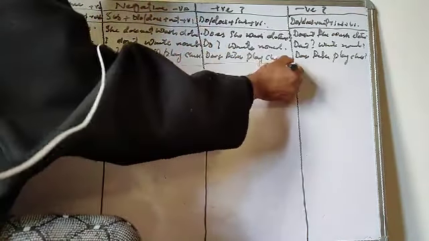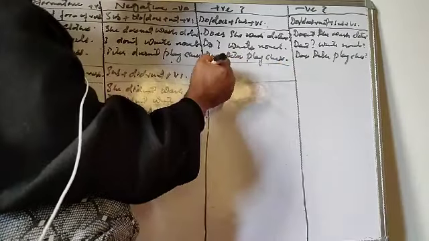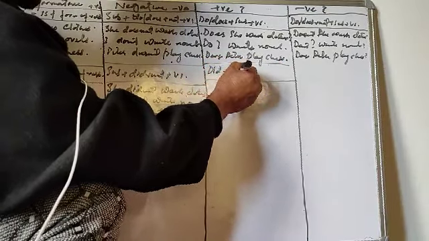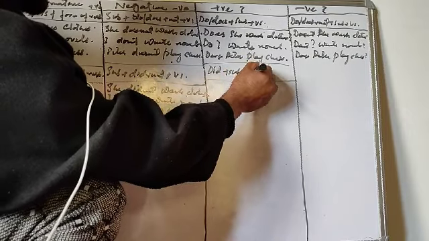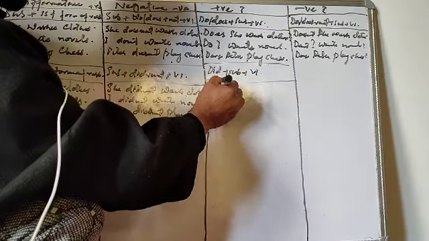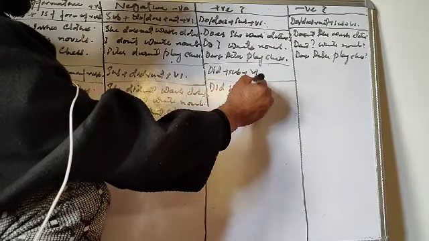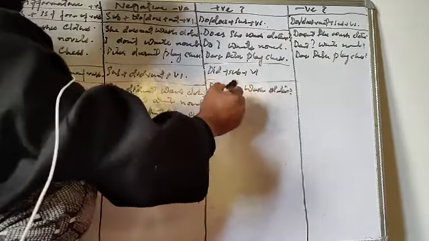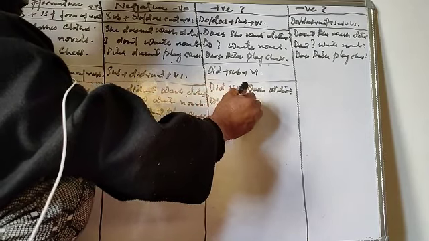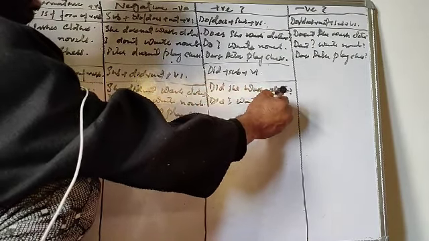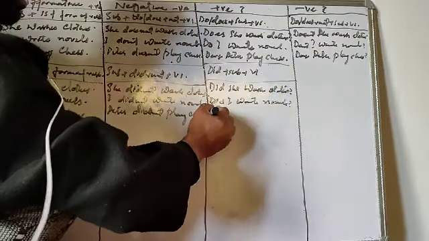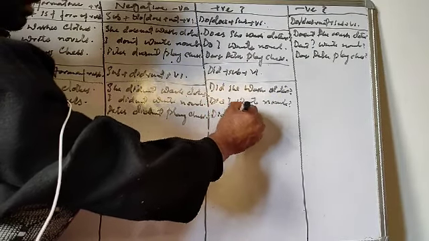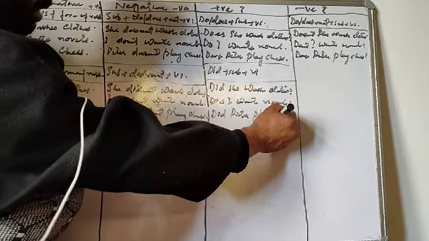Coming to its interrogation, we will extract did, and then it will be did plus subject plus V1. Did she wash clothes? Note of interrogation. Did I write novels? Did Peter play chess?